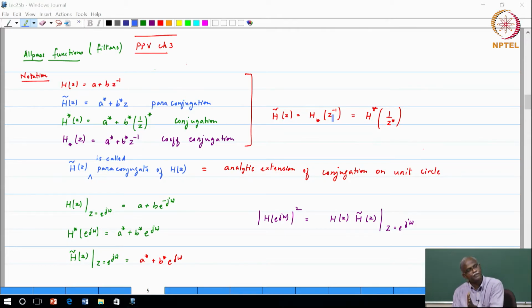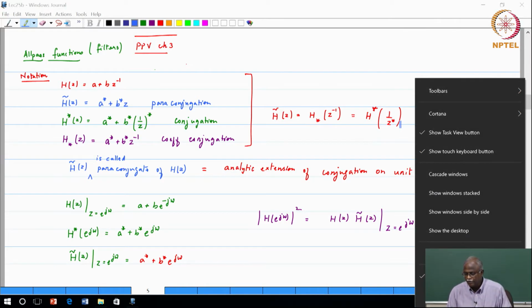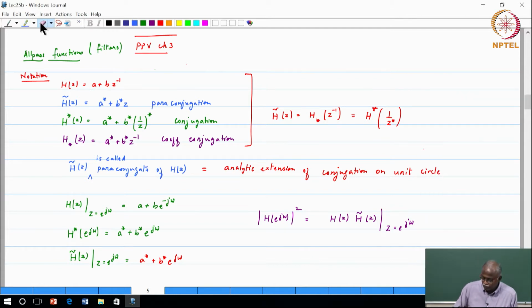The other one is you conjugate the entire function, which means that Z, being complex, will also get conjugated, and then you would have to replace Z with 1 over Z conjugate. So, that is the other representation. Hopefully paraconjugation is something you are comfortable with, and we will use this in the development of the theory going forward.